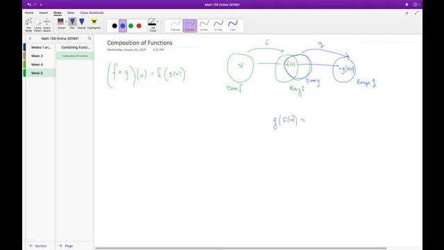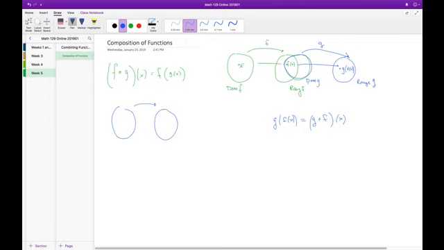So this could also be written g of f or g of f of x. Notice it's actually backwards from the mapping, because you're applying g to f of x, so it's actually composed g of f. If we wanted the composition f of g, then we'd actually start with the g function.